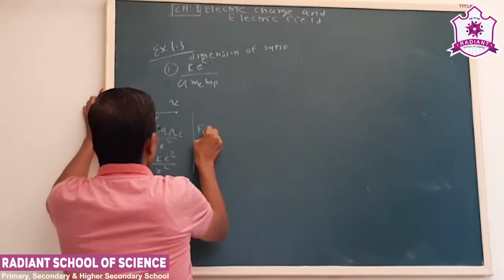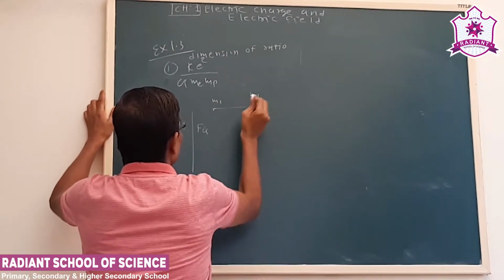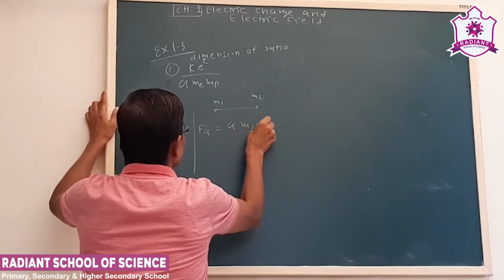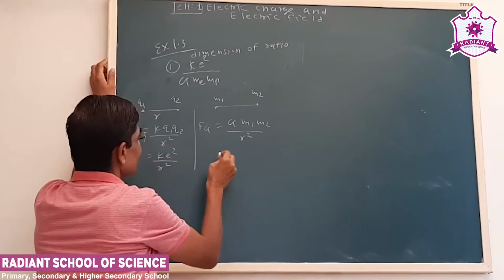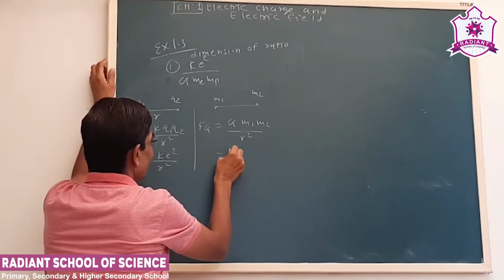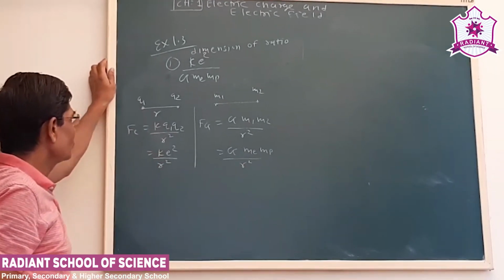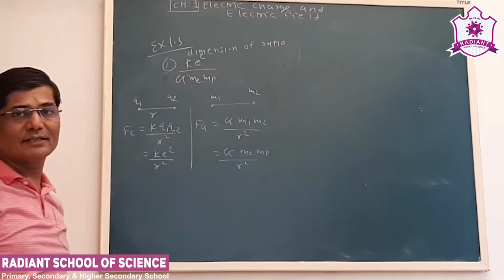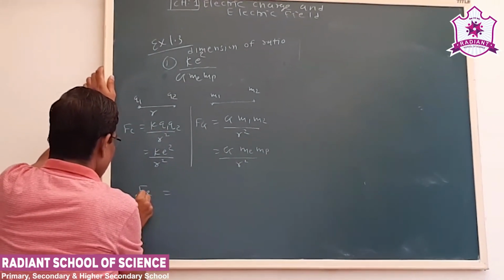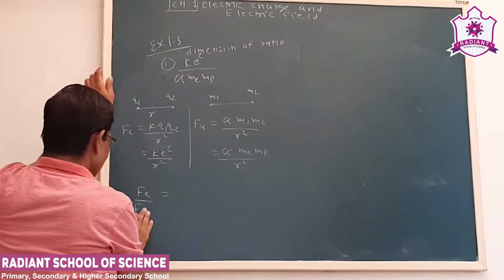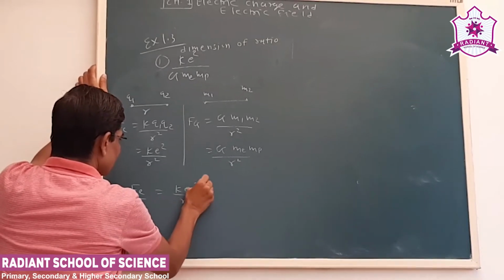Similarly, Fg stands for gravitational force, G M1 M2 upon R square, that is G ME MP, mass of the electron and proton, upon R square. So what we see in the numerator is K E square. So we can write this ratio as Fe upon Fg.